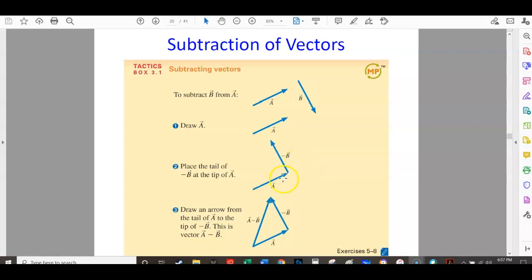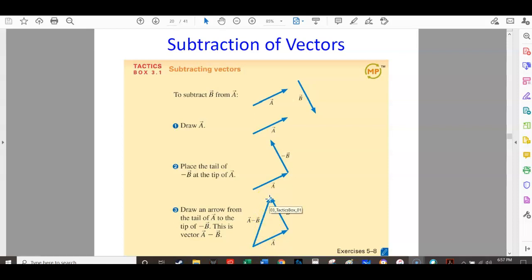Then add those two together: you take the head of A and point it to the tail of B. You started here, you walked up and to the right, then walked up and to the left. That means you started here and you ended here, and that's the resultant vector, which will be up and to the right. And that is vector subtraction.